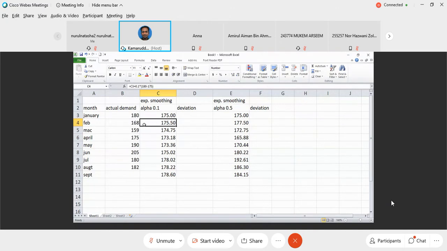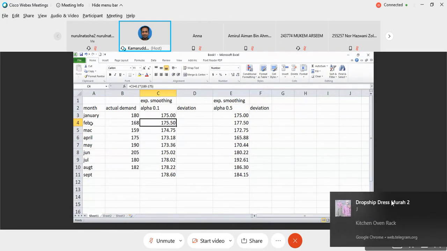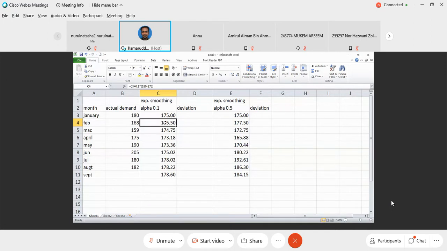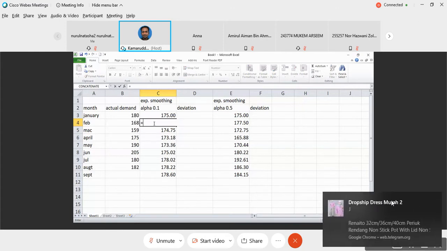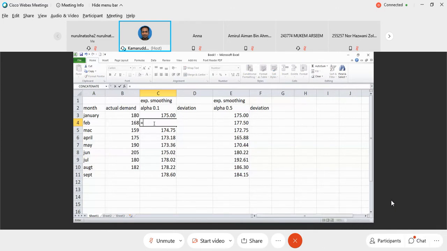Based on this data, we're going to forecast the demand in February. In order to do that, we will include all the information in the formula of the exponential smoothing forecast. First, we need to include the forecast in the previous month, January, so here it will be 175.